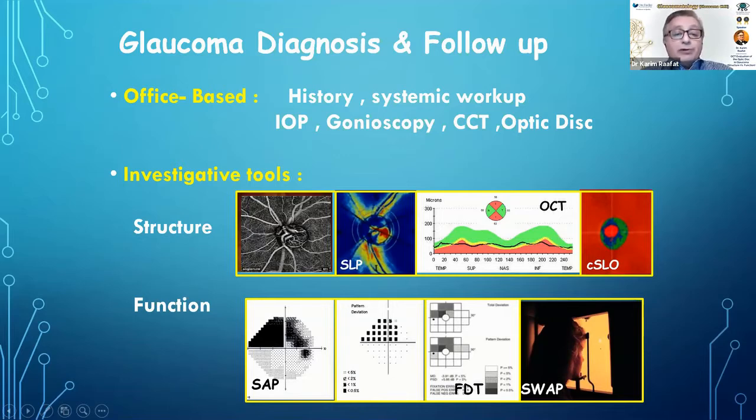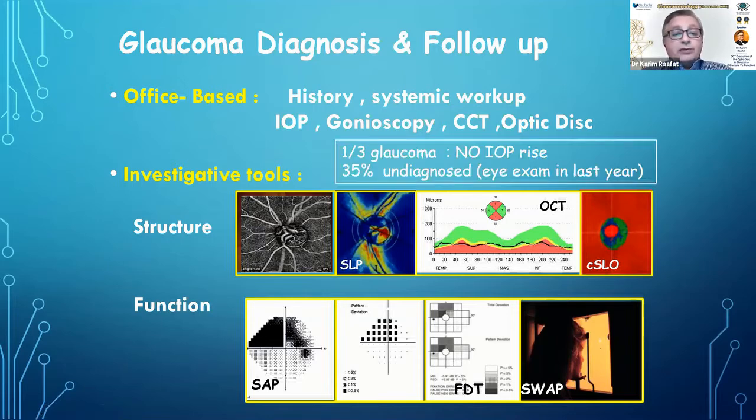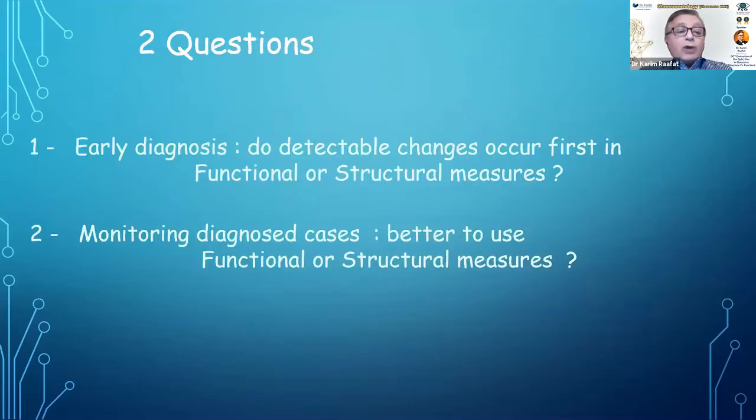But always remember that one third of the cases of glaucoma have no intraocular pressure rise, and about 35% are underdiagnosed, and evidence-based medicine tells us that these patients had an eye examination in the last year, so things can be missed. So for early diagnosis, we have two questions.